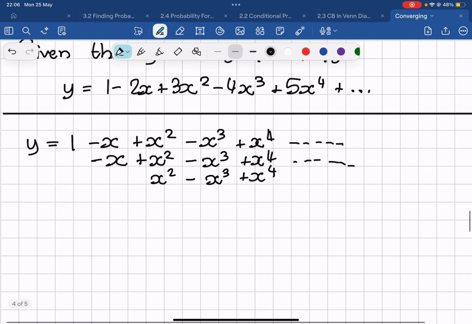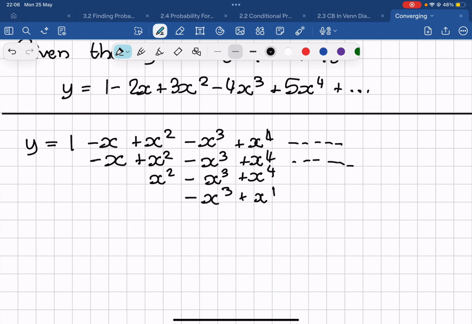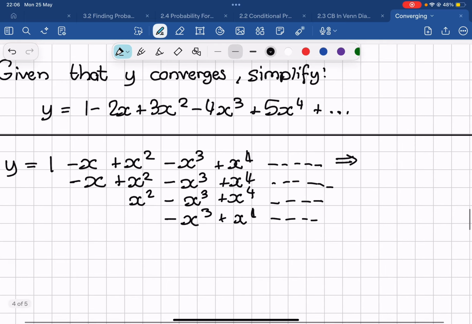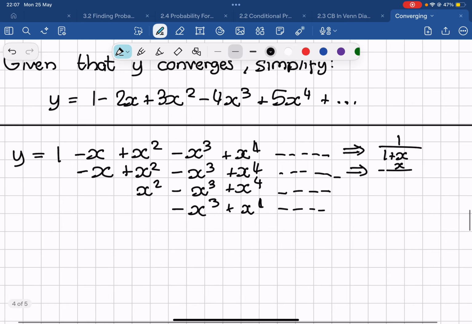And essentially what we get with this is a list of series where each time we're getting rid of one term, and so on and so forth. I won't write it out, but if you evaluate each, here we have first term 1, and then we have common ratio minus x, and then here we have first term minus x, and then all over 1 plus x.